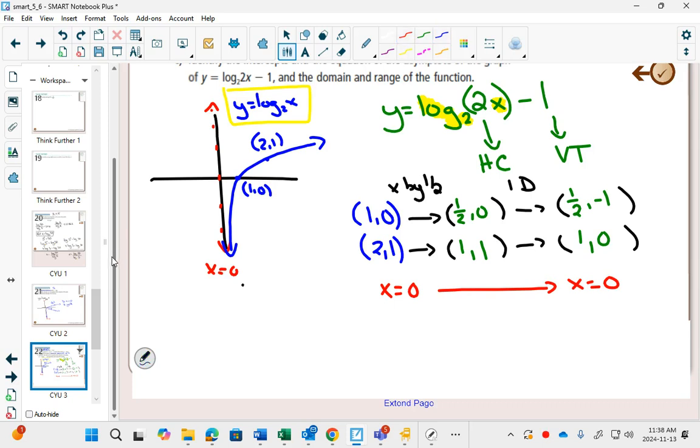So I can sketch a new grid, add my asymptote at x equals 0. I have the point 1, 0, and I have a half and negative 1.